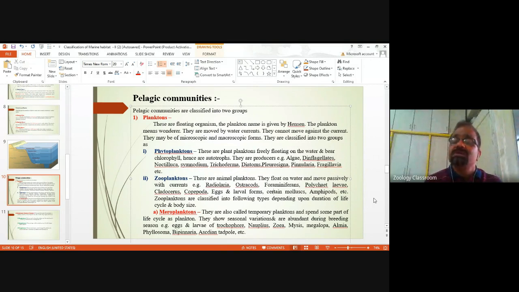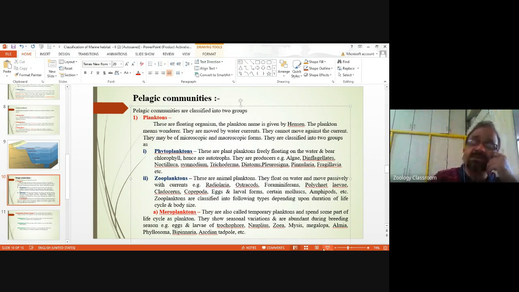They are also called temporary planktons as they spend only some part of the life cycle as plankton. Otherwise, they lead normal lives, and they show seasonal variations and are abundant during the breeding season, as they are in the form of eggs and larvae.